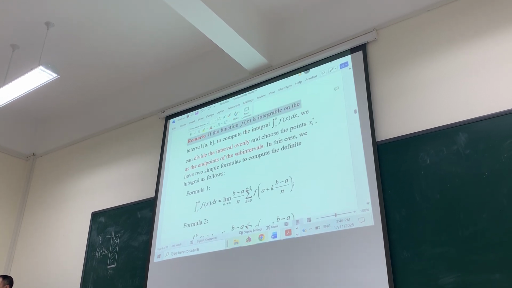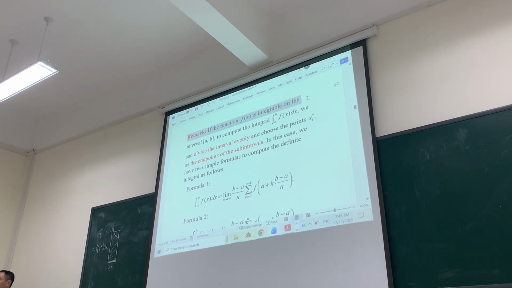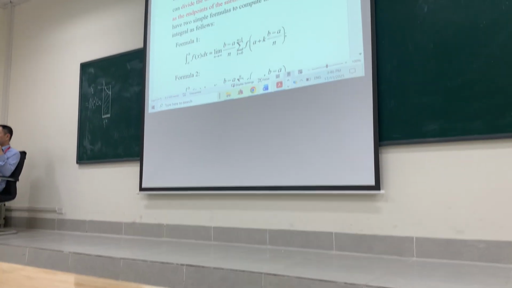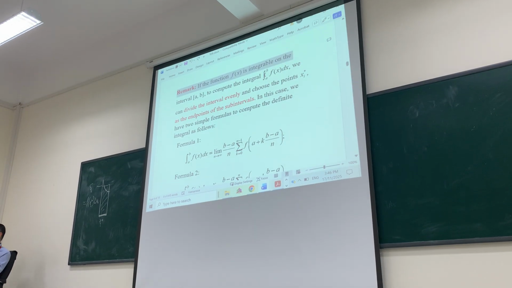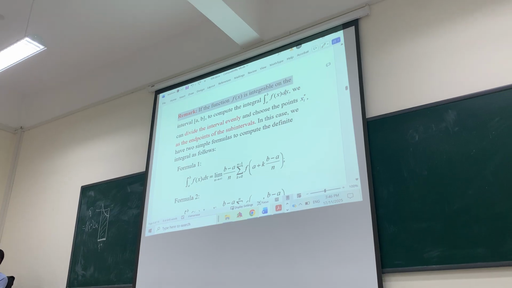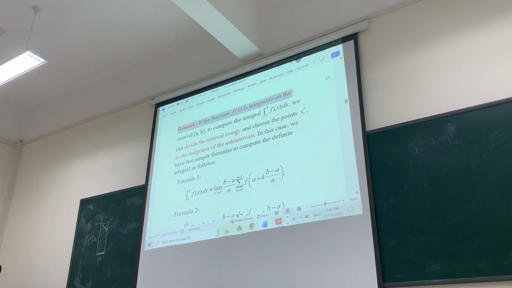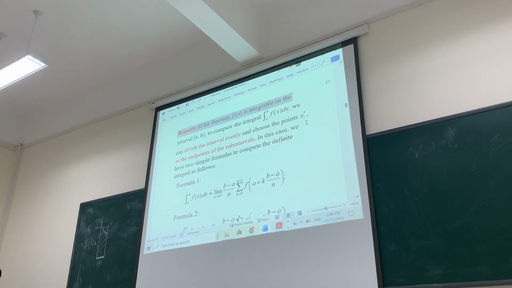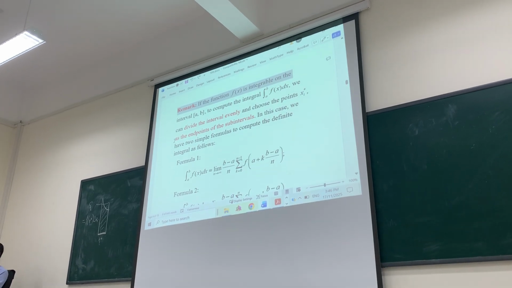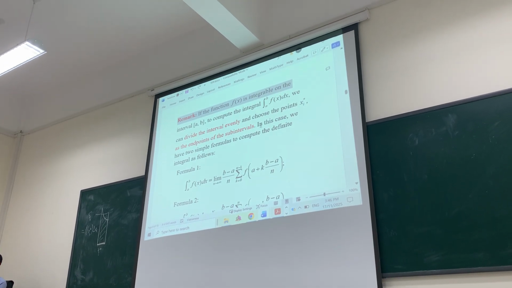So if the function f is integrable and you want to compute the integral of f, we can divide the interval evenly and then choose the point xi star at the endpoint of the subinterval.